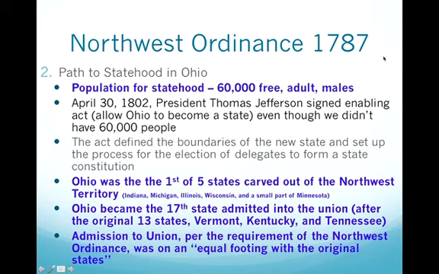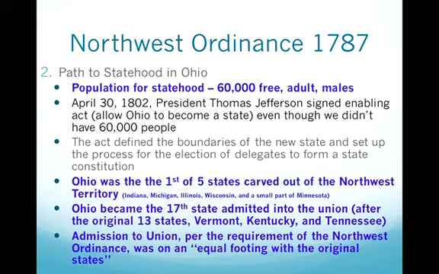Anyways, the path to statehood for Ohio. The population for statehood was originally supposed to be 60,000 free adult males, as established in the Northwest Ordinance.